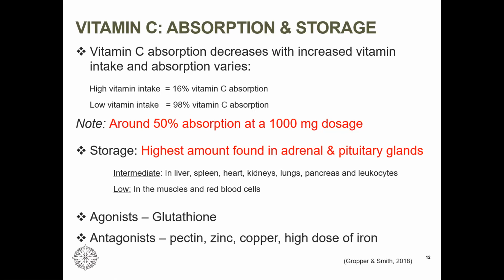So that's why they both are agonists. And glutathione helps regenerate vitamin C. So what I mean by regenerate is when vitamin C has done its antioxidant function, it becomes kind of a free radical for a transiently short time. And at that time, we need glutathione and some other antioxidants to help out vitamin C so that it can again become an antioxidant.